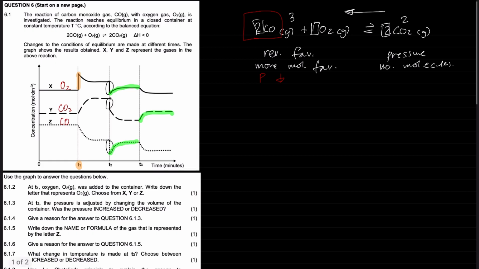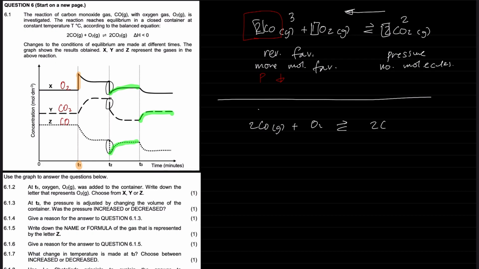Let me write the reaction one more time. So 2CO plus O2 gives me 2CO2. And now when we talk about temperature, we need to look at the delta H. The delta H was less than 0. Since we can see clearly that the concentration of CO2 increased, it means that the forward reaction was favored.